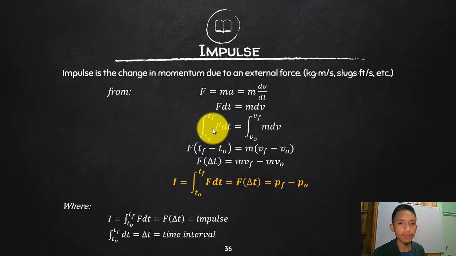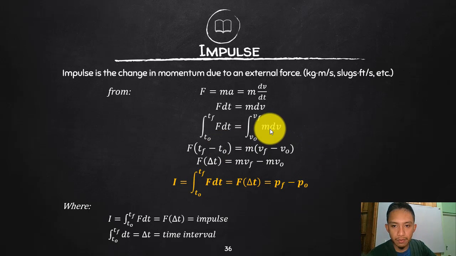So the force is also variable, and that may be given as a function of time, an equation in terms of t. If that's the case, do not use the formula F times delta t, because your F is variable and you cannot just factor it outside. You need to include it in the integration. But again, let's say it is constant, so it is just the change of t, tf minus t0, the time interval that we are considering.